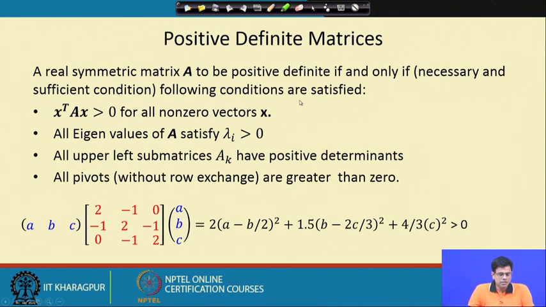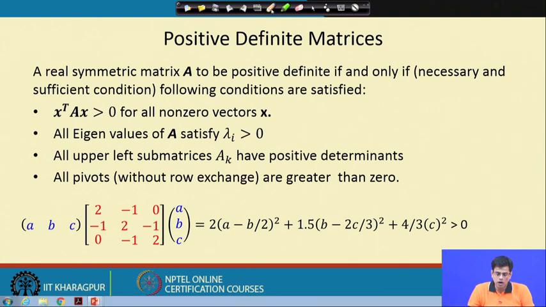Now, a real symmetric matrix A is positive definite if and only if the following conditions are satisfied. For any non-zero vector x, x transpose A x is a scalar which should always be greater than 0.